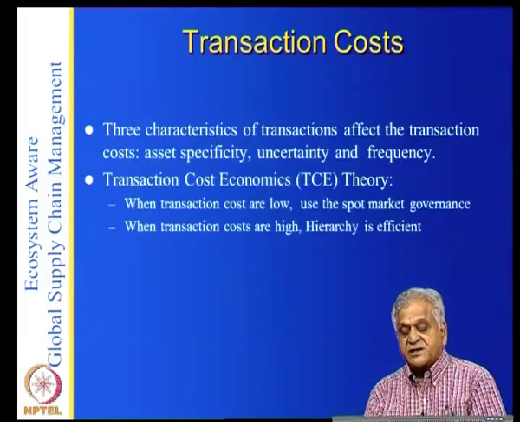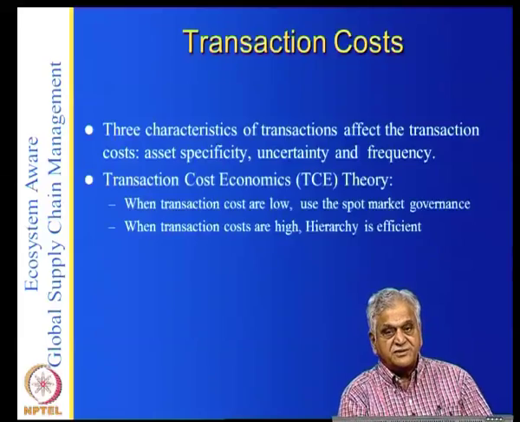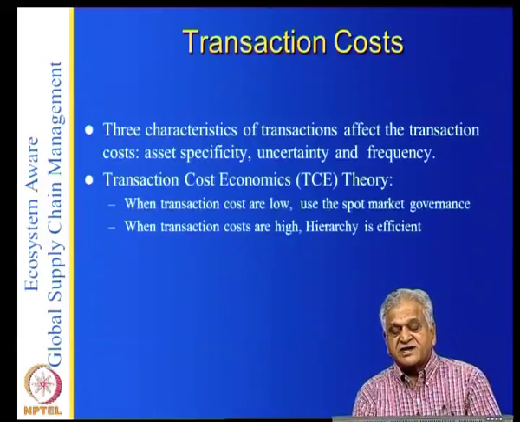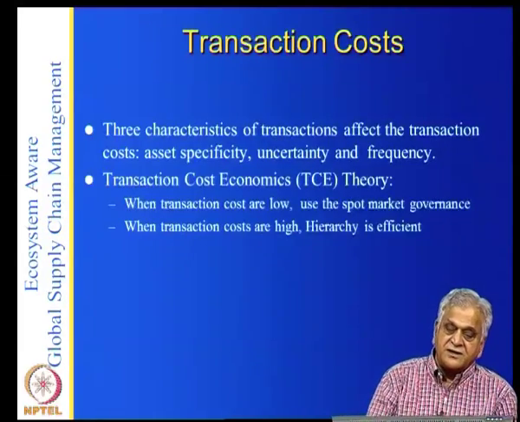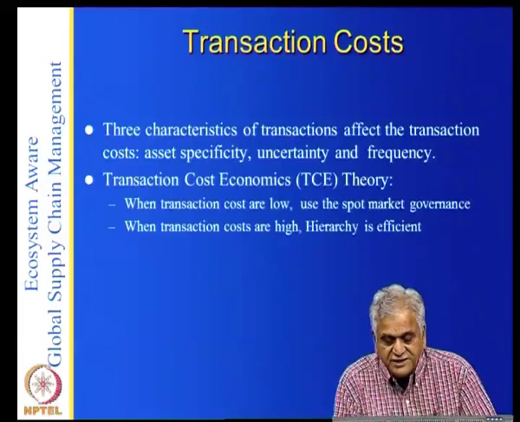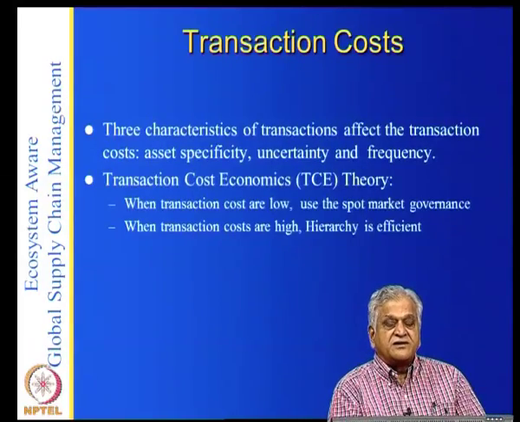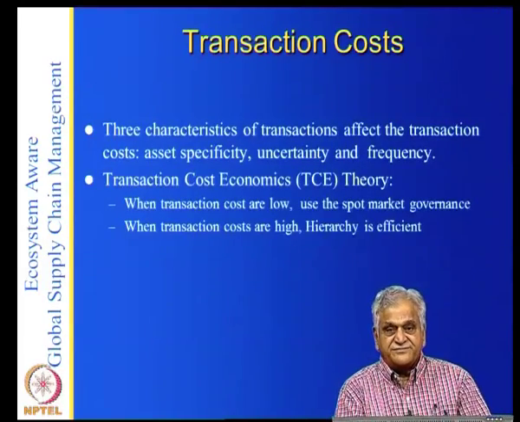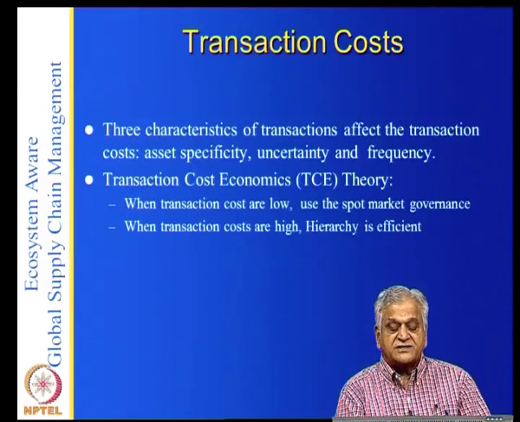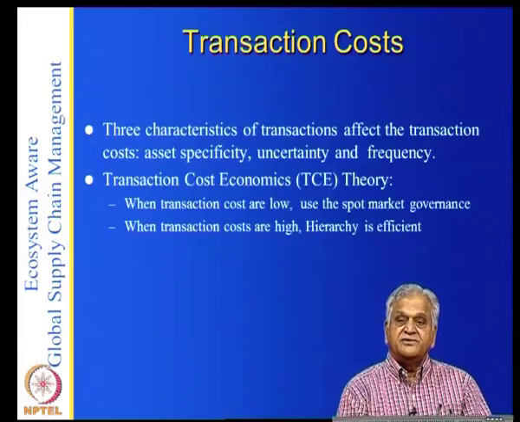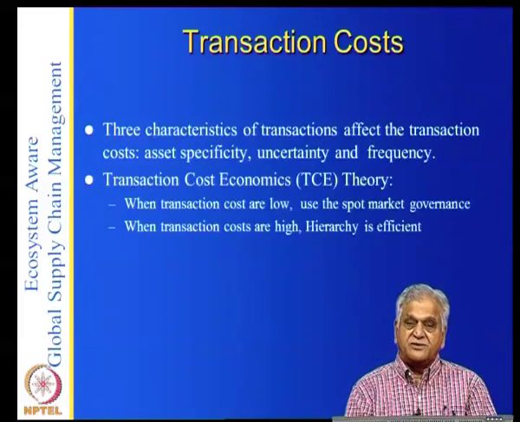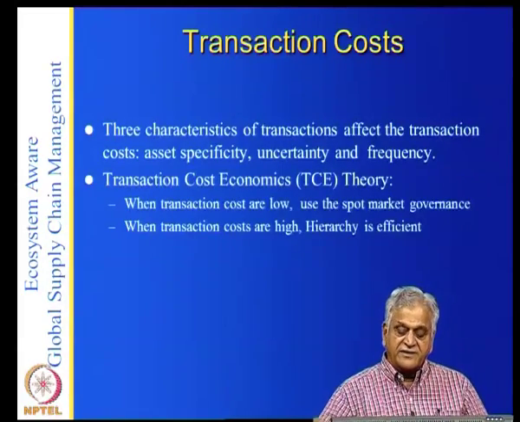When transaction costs are high, hierarchy is efficient. In other words, this is used to find out whether you want to outsource or do it yourself. If the transaction costs are high, that is, outsourcing is expensive, do it yourself. And if the transaction costs are low, then you outsource, don't do it yourself.